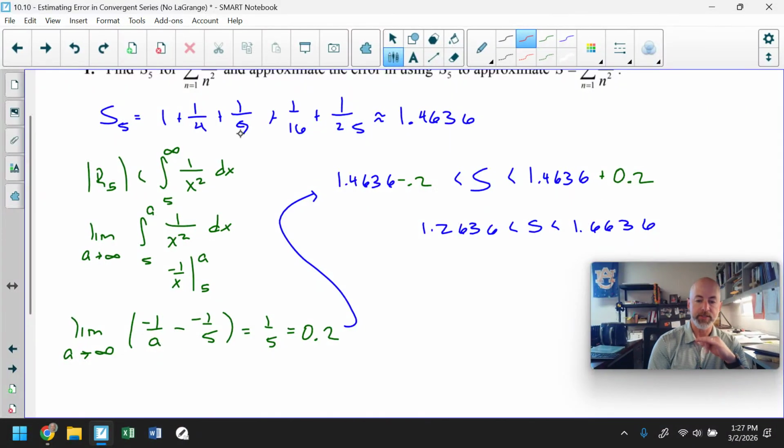And since the series is always positive, I really don't need to subtract on that end because it's not going to get smaller. If I add more terms, we're not going to have a smaller actual sum. And so we could not subtract that and actually narrow that approximation to somewhere between 1.4636 and 1.6636. So we have a smaller window now that we know the sum falls somewhere between those two.